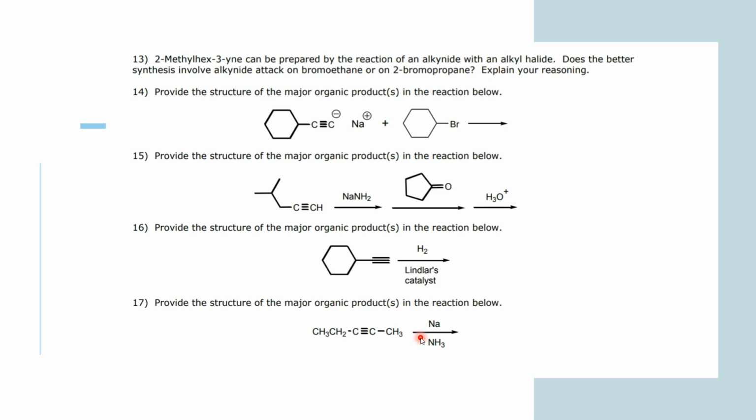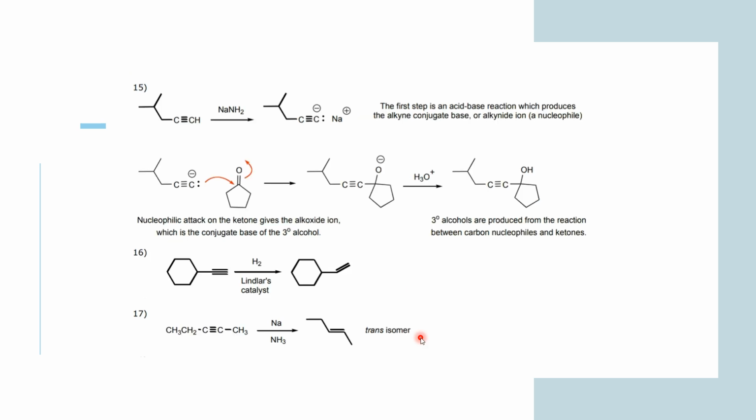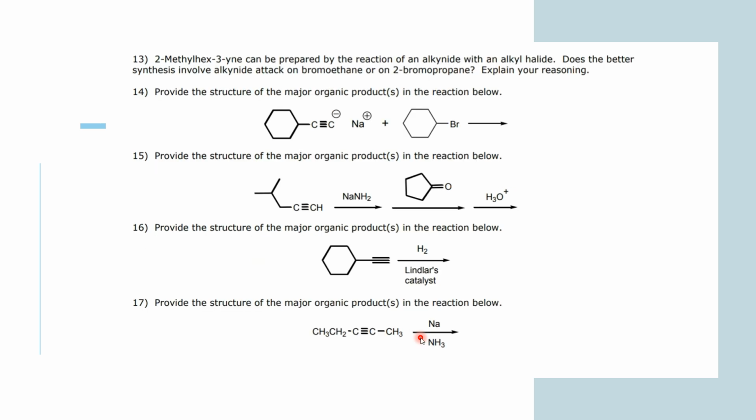Sodium metal in ammonia will form sodamide first, which is a very strong base, and then sodamide will extract a proton from the most acidic center.